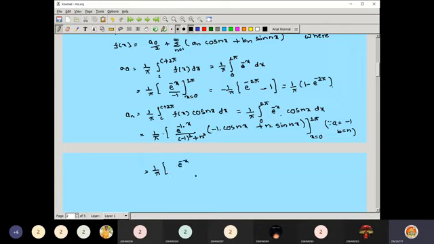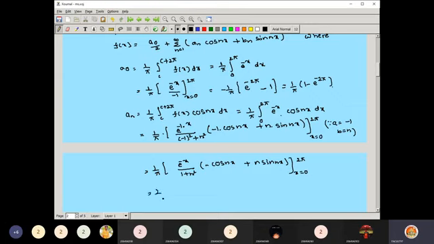e power minus x divided by minus 1 whole square is 1 plus n square. And we have here minus cos nx plus n sin nx. So there you are completely substituting the limits 0 to 2 pi.